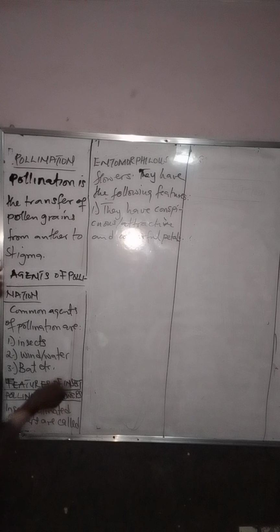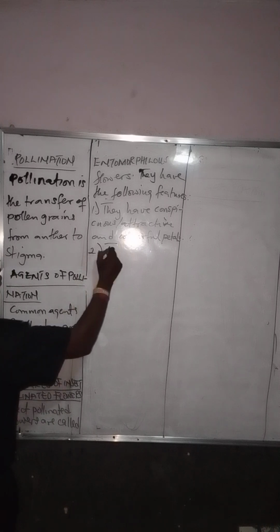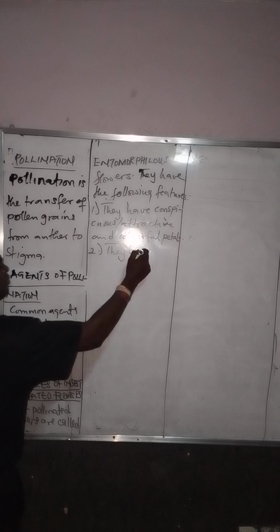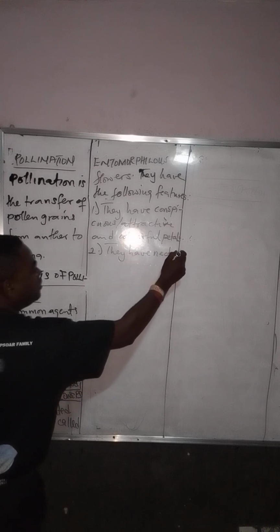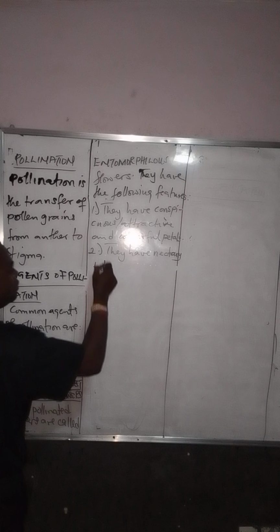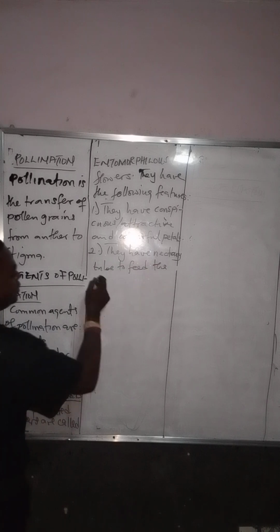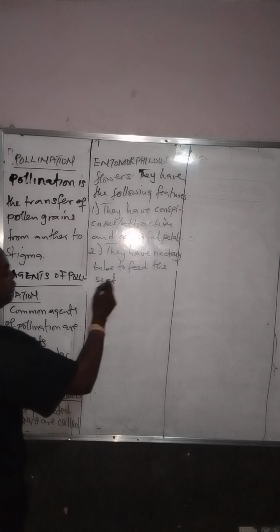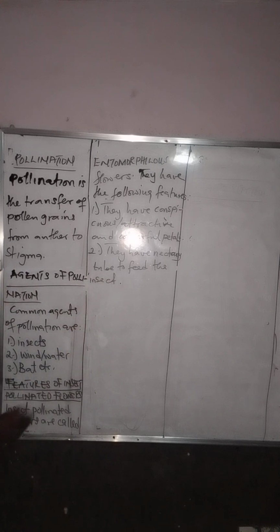The petals are attractive to attract the insects. Number 2, they have nectary tubes to feed the insects. So the major food that is bringing the insect close to the flower is what? Nectar, and it is produced by the nectary tube.